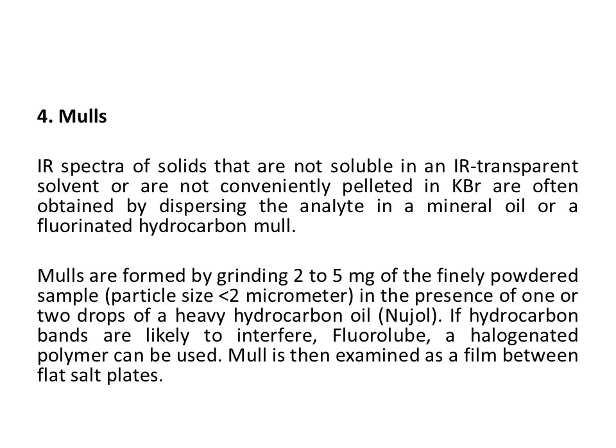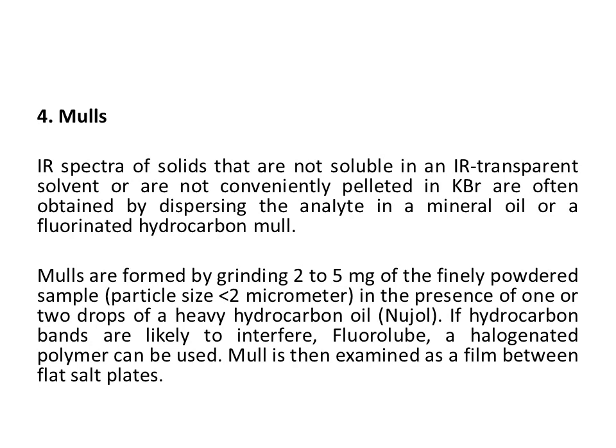Now if you have carbon-hydrogen bonds, naturally it is also going to have its own absorption, correct? So whenever you have a problem with the CH bond, we generally replace the hydrogen with a halogen, preferably fluorine. You call this Fluorolube. In a hydrocarbon structure, when you replace hydrogen by fluorine, you get a halogenated polymer, and this can be used as a mulling agent.